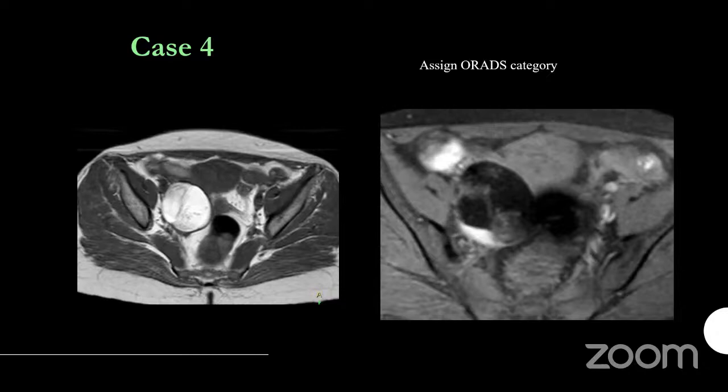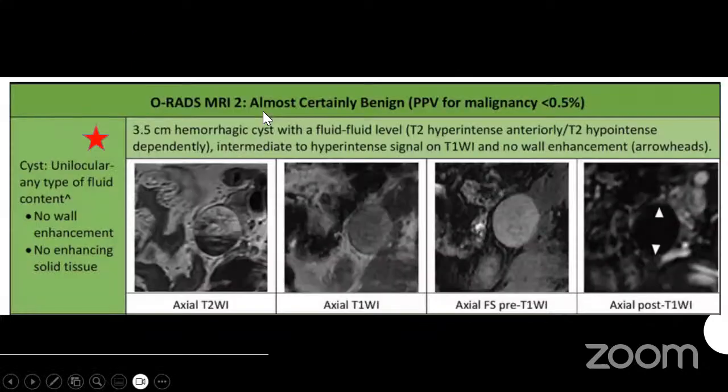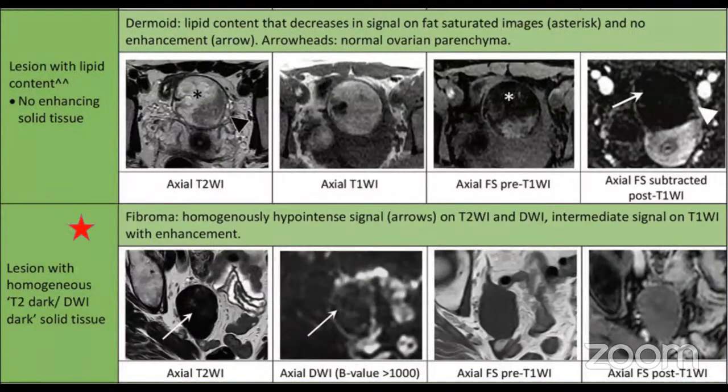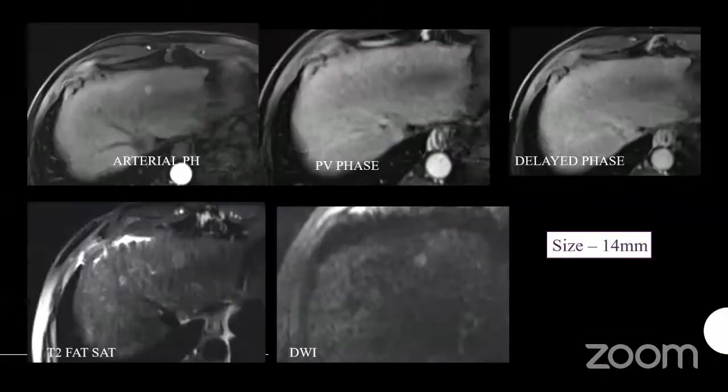Now the next question on your screen. The last question, but again a prize winning quiz question. So quickly put the answer, an easy one. So this was the explanation: O-RADS 2 category for dermoid and endometriotic cyst both. See this lesion.